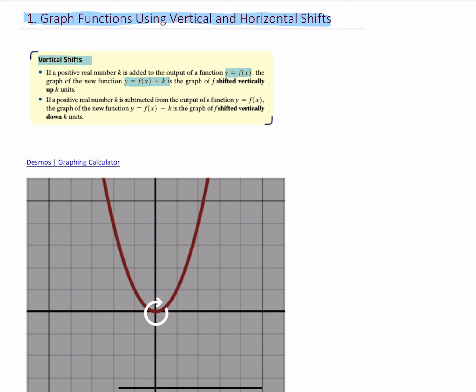If it's positive, then it's shifted vertically up k units. So if it's plus 3, then it's been shifted up 3 units.